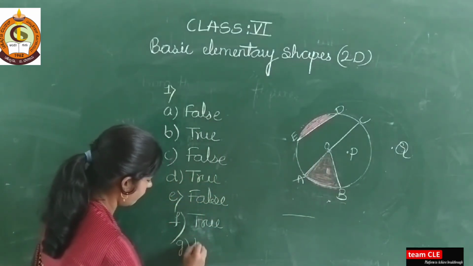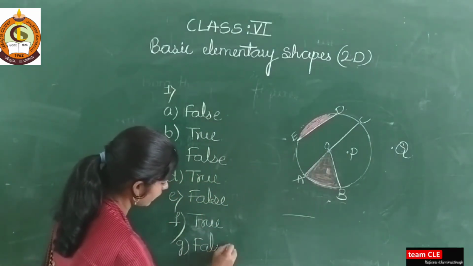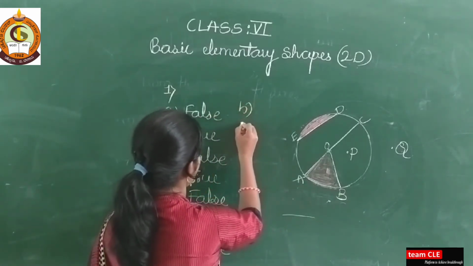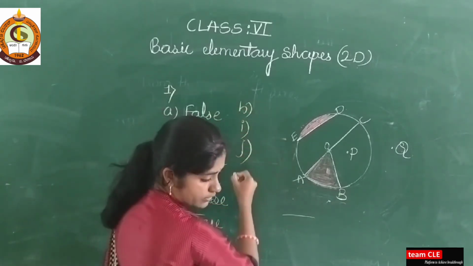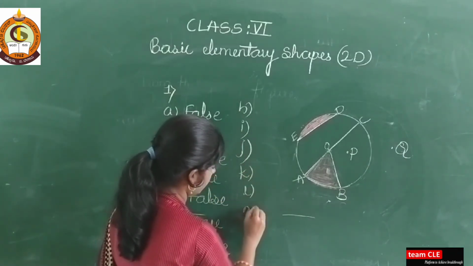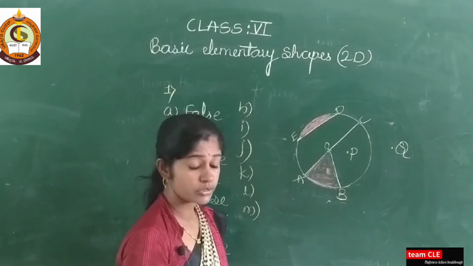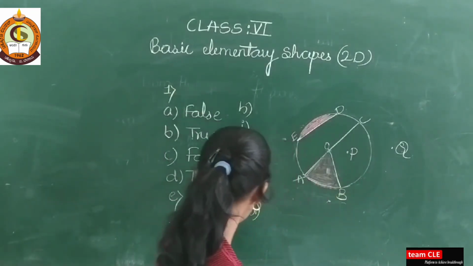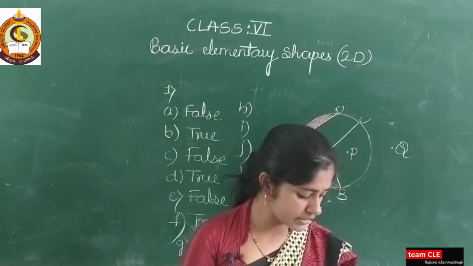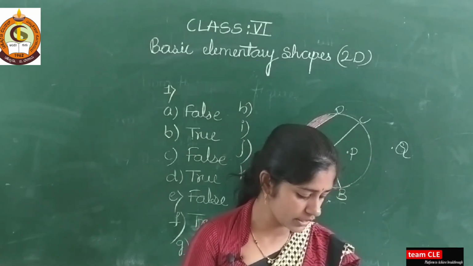So G is false. In total, G, H, I, J, next K, L, M, and all are related to circles. Next, H. The point of intersection of the diameters is called the center.